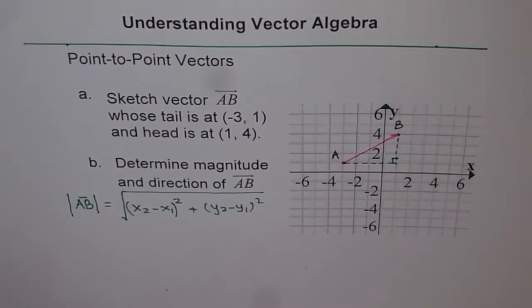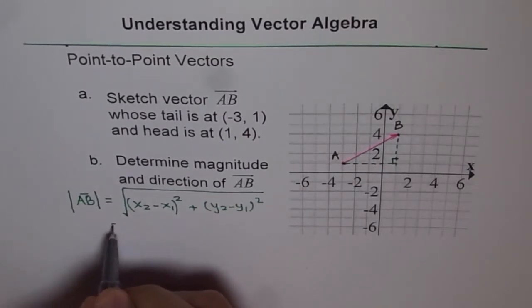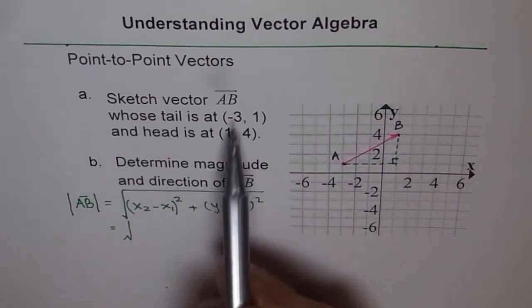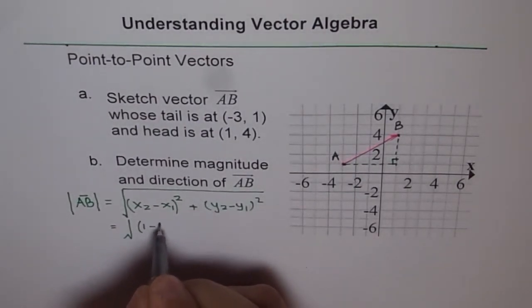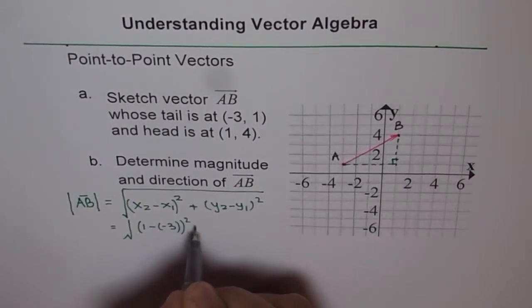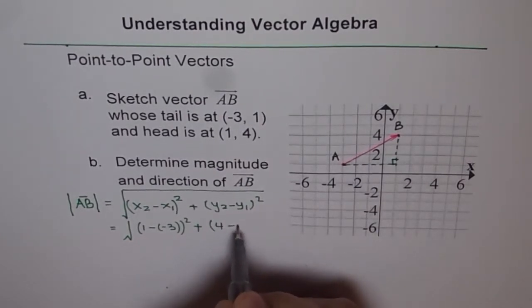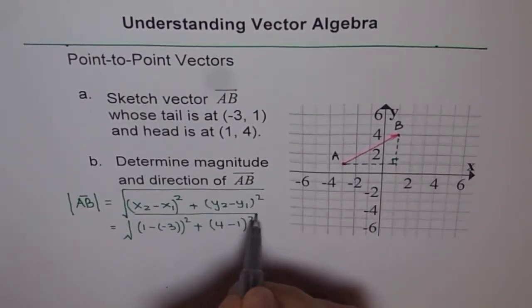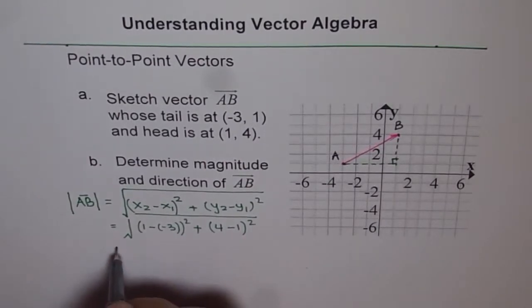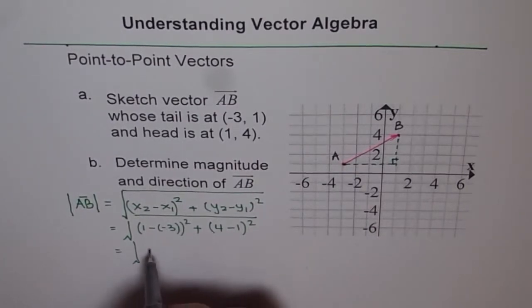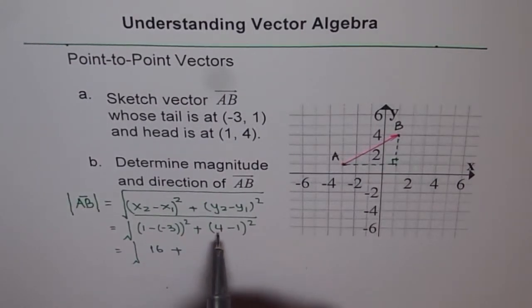Now you can do your calculations, which is the square root of (x2 minus x1), that means 1 minus minus 3, whole squared, plus (y2 minus y1), 4 minus 1, whole squared. So that gives the square root of 1 minus minus 3, which becomes plus, is 4. 4 squared is 16, so we write 16 plus 4 minus 1 is 3. 3 squared is 9.